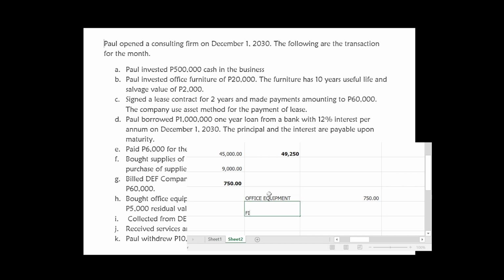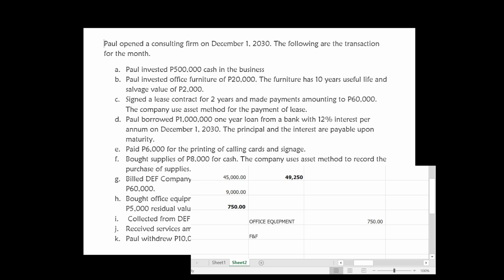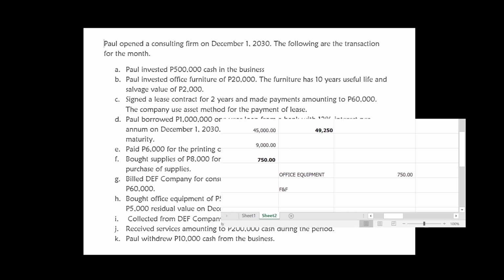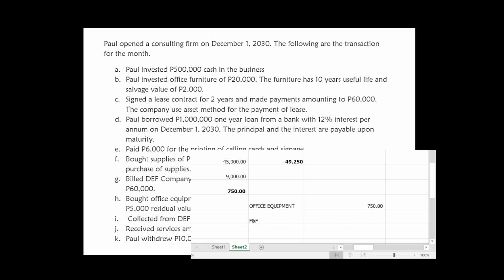So for our furnitures and fixtures, balik tayo sa given. Okay, letter B. Invested office furniture, 20,000. The furniture has a 10 years useful life and a salvage value of 2,000.